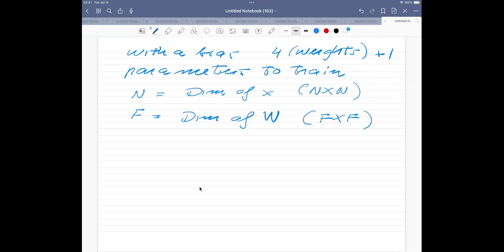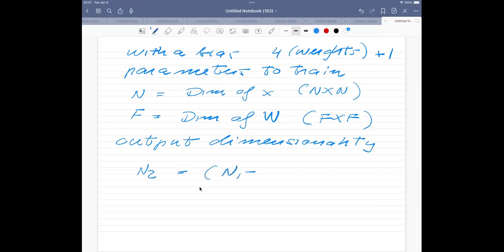And when we then calculate the output dimensionality, when we've done the filtering, if we call this dimensionality N2, so we started with N, it has a formula which is given by N minus F, divided by the stride, plus 1.